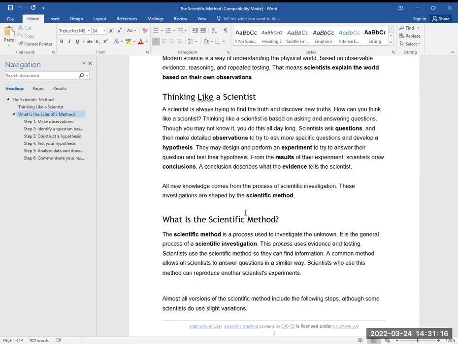So they look at the world and they think, wow, this is interesting. Let me see what I know about this, and then ask questions, and they develop a hypothesis. And that is an idea of what they think is happening. So it could be happening that way, it could not be happening that way. They just look at things and see, okay, well, this is what I think is going on. And then they begin to test.